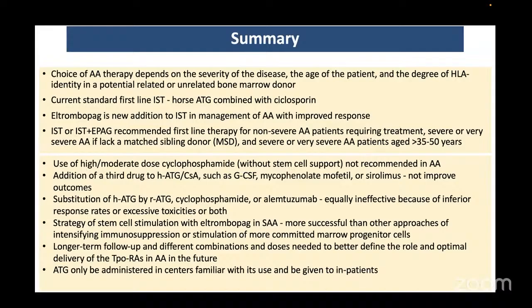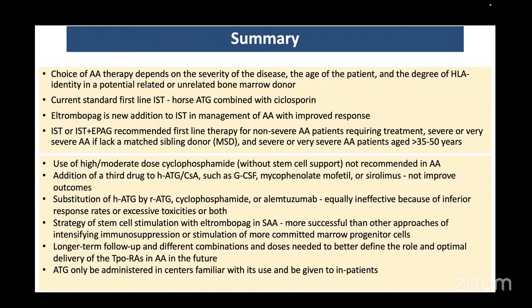And recently now we have learned the importance of eltrombopag with such a good improved response, and IST with EPAG is recommended as the first line therapy, especially for non-severe patients or severe or very severe patients if they do not have a matched donor.